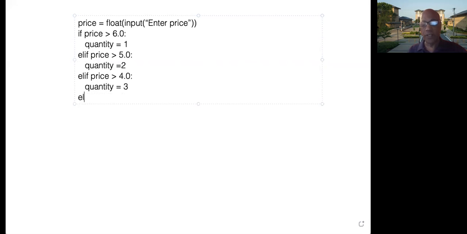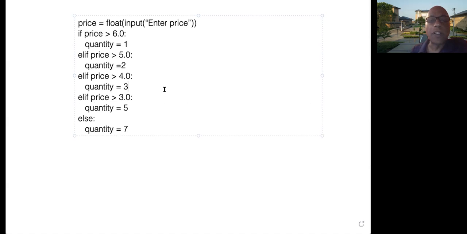You can keep on writing like this. Elif price is greater than 3.0, quantity equals, let's say 5. Else quantity equals 7 or something, right? So what does this mean?